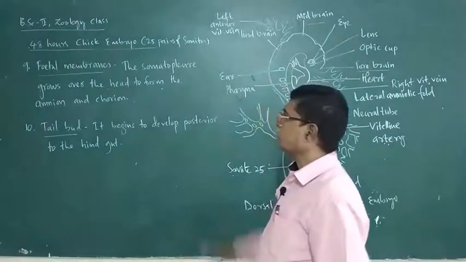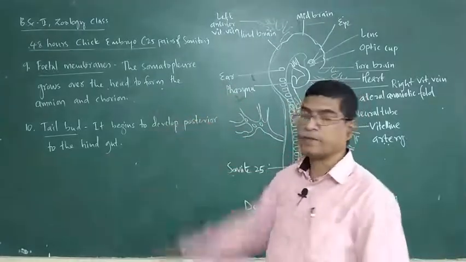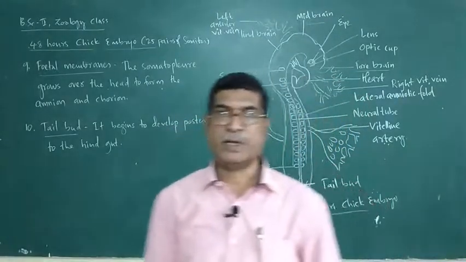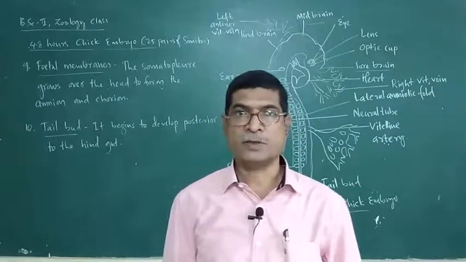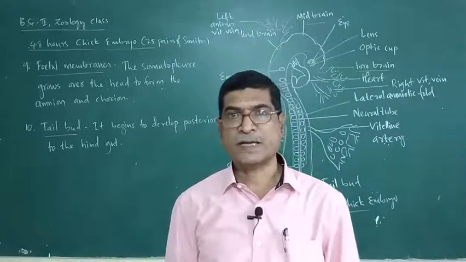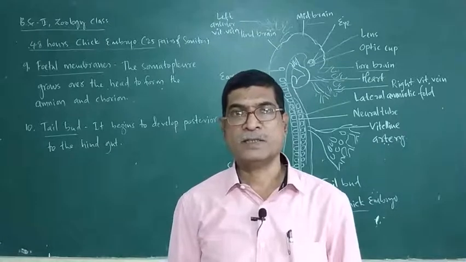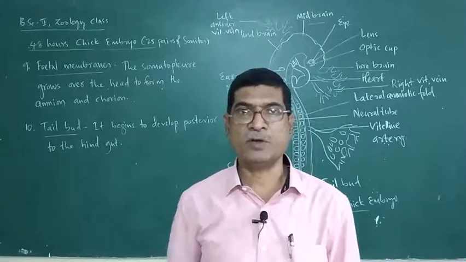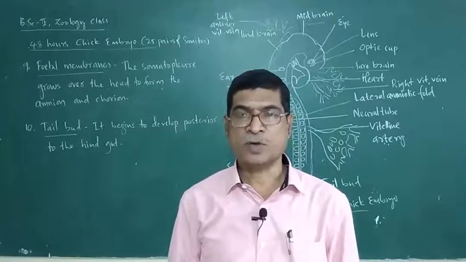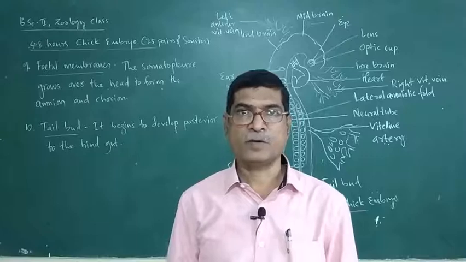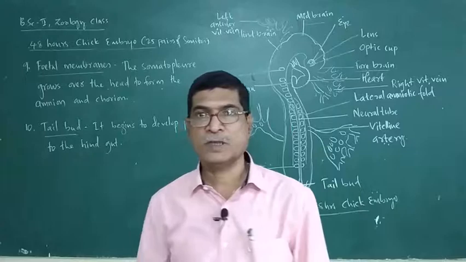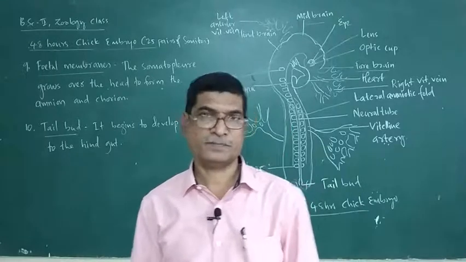What are amnion and chorion? Amnion, chorion, allantois, yolk sac are all known as extra-embryonic membranes or fetal membranes. These membranes help the embryo to grow properly.